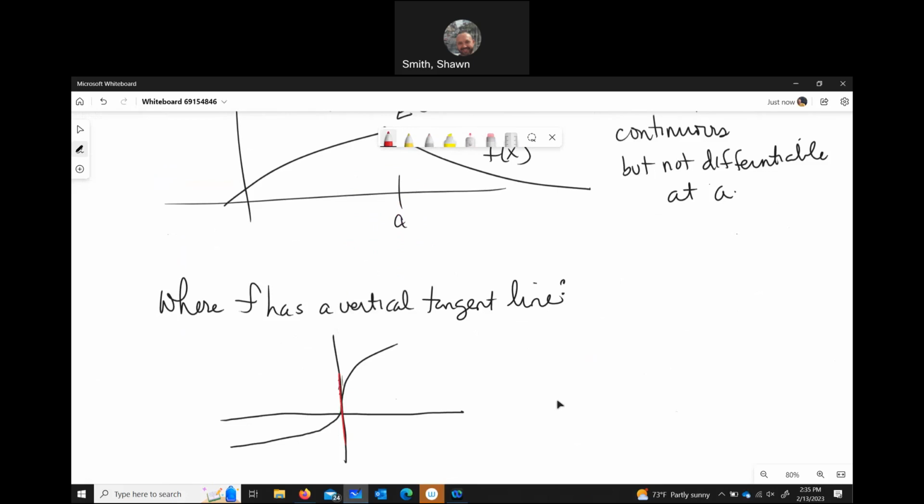It's undefined, right? So that's why it's not differentiable. Slope of the tangent line is undefined.